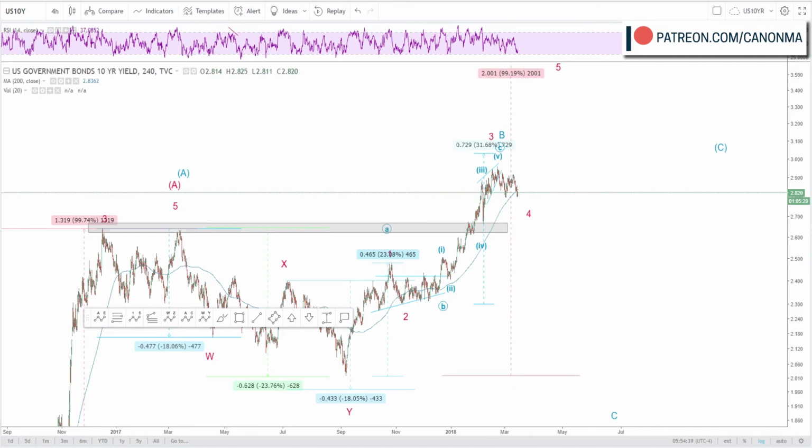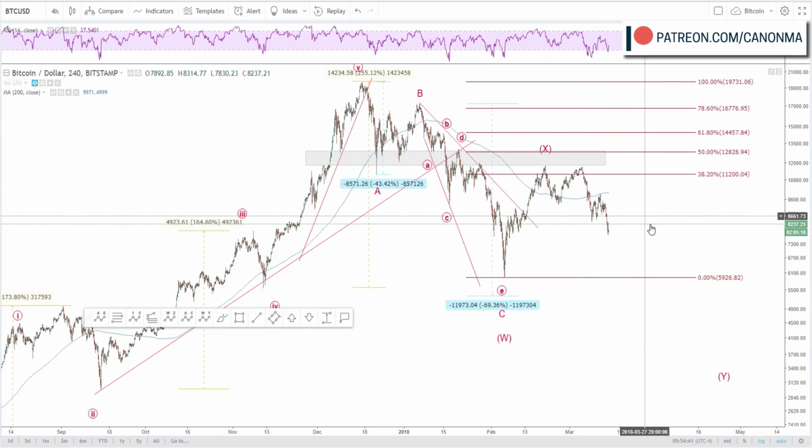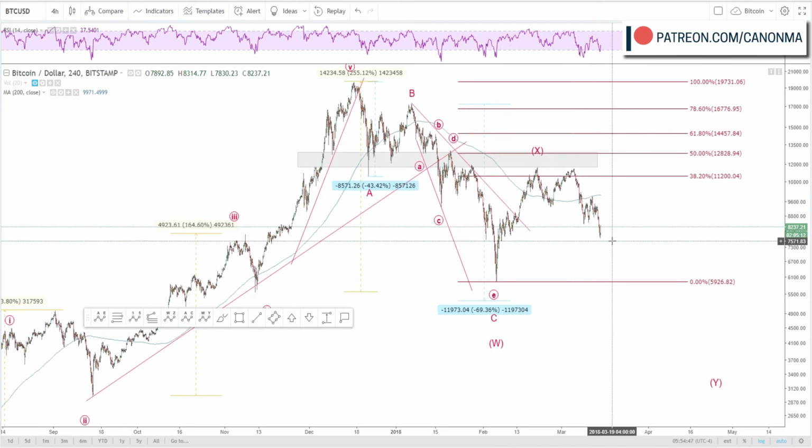All right, and then finally, we're going to finish off with a quick look at Bitcoin, as we had some continued heavy selling yesterday. Early this morning, though, we've had quite the pop.